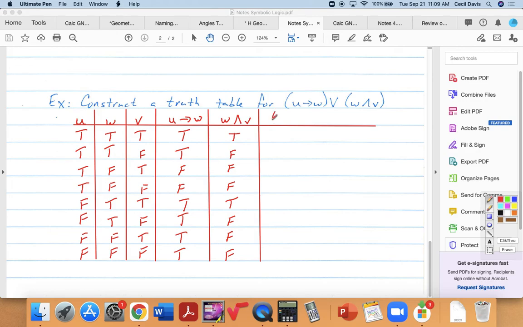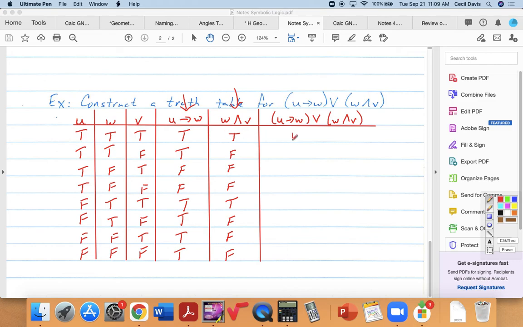And then I'm ready for my last column. U implies W, or W and V. So again, I'm just looking at the two previous columns. What do I need in order for this to be true? One of them to be true, and it doesn't matter which one, does it?